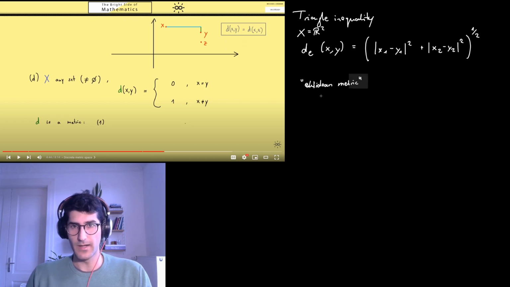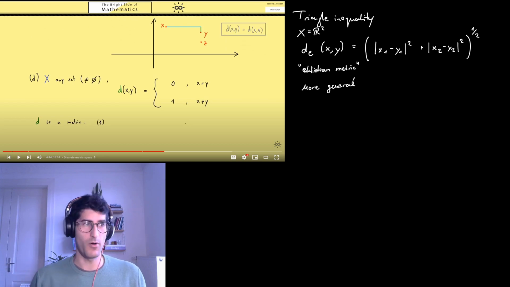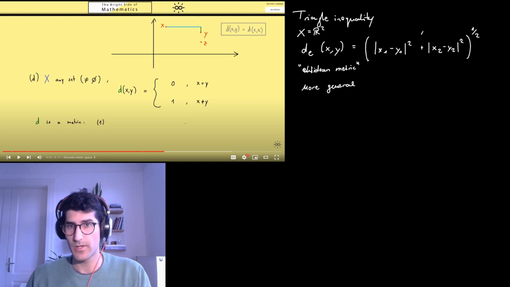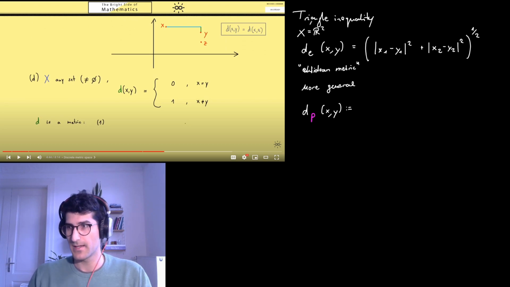So we can generalize this by changing the exponent. And what we're going to do is we are now looking at the metric dp of x and y. Yeah, we're still on our space R2.